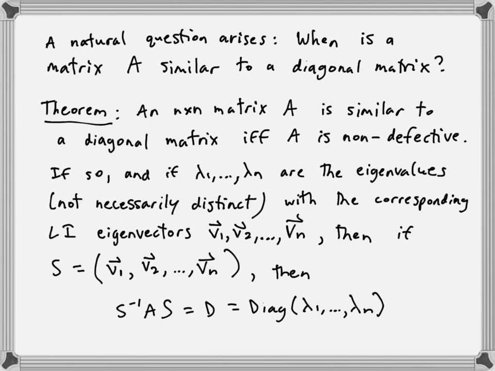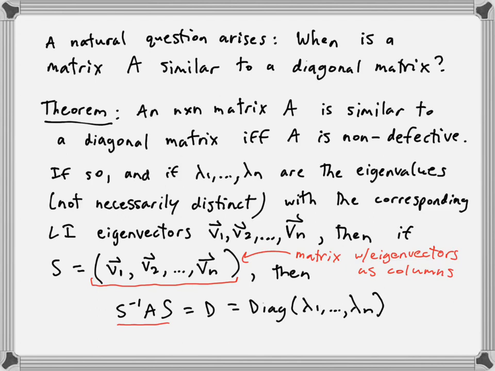Okay, remember this right here, I just don't want us to be confused. This is just a matrix with eigenvectors as columns. Okay, so this is the key. The key is that if you take the eigenvectors and make them the columns of your matrix, then if you multiply S inverse times A times S, you get a diagonal matrix, and that's going to be all the eigenvalues in the diagonal.